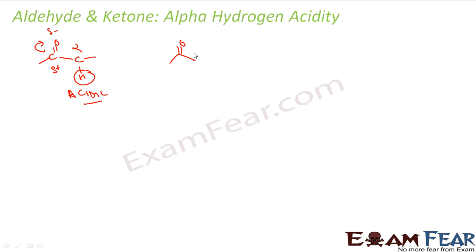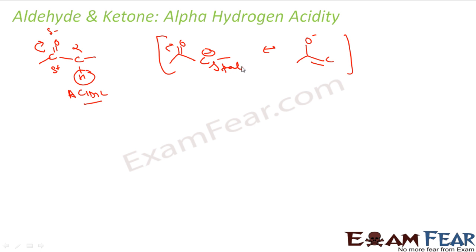So what you get is C minus. Now the C minus will be resonance stabilized. This bond will go here. Negative charge, positive, positive, and positive will form a bond. Right. So this is a stable compound.